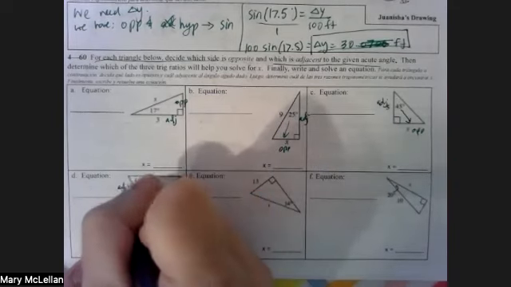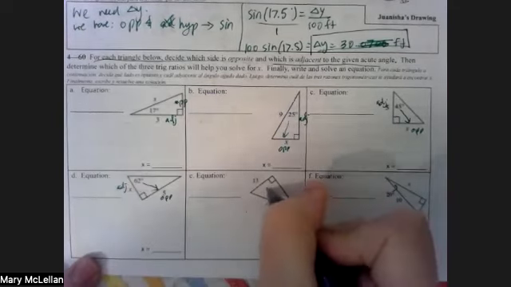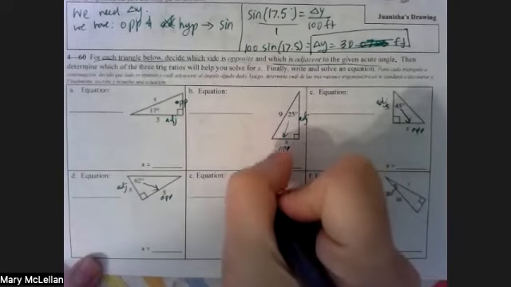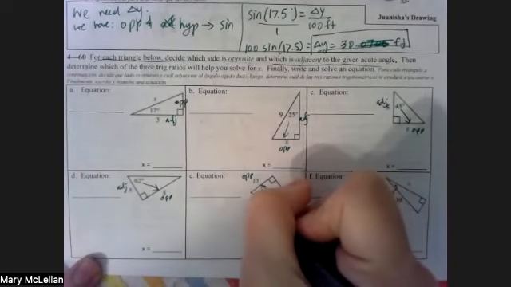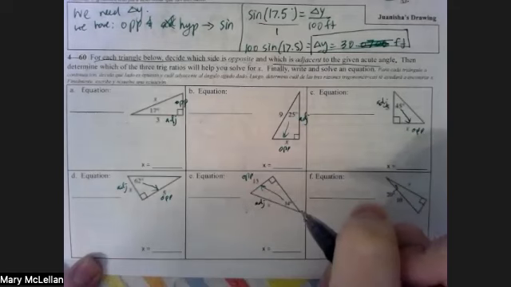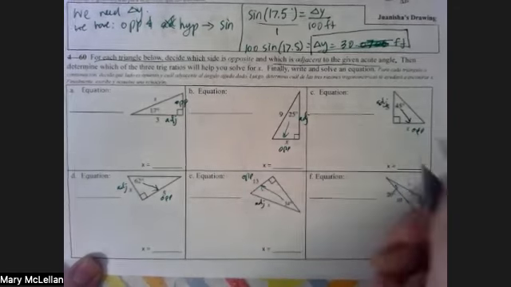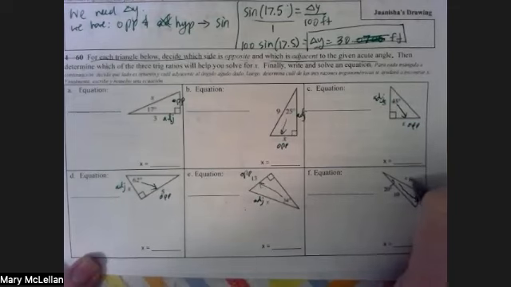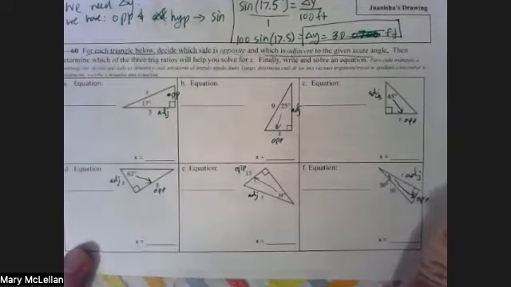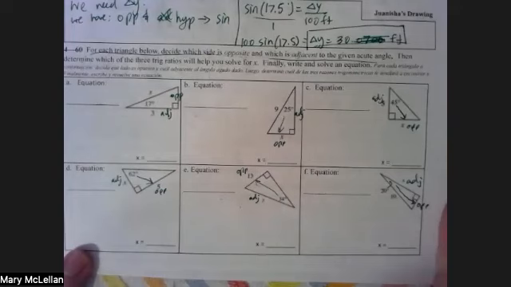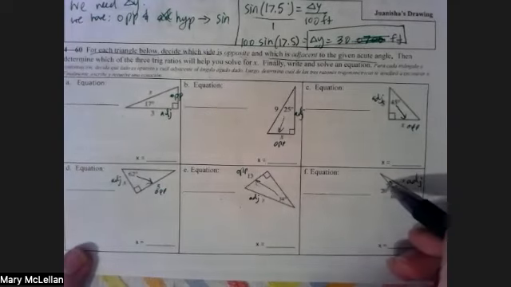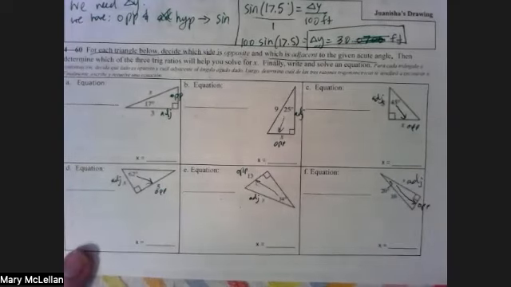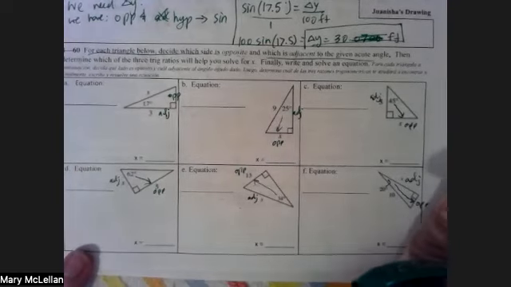This is adjacent. My angle is here. I go across. This is opposite. This is adjacent. My angle is here. This is opposite, and this is adjacent. Notice my adjacent side is never by the hypotenuse. And to find the opposite side, I always go across from the angle.